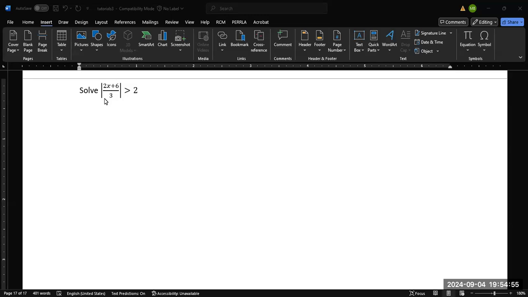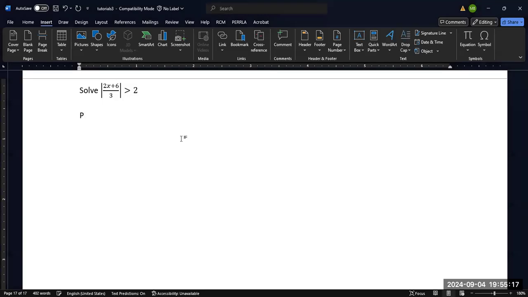But we're also going to have another one where the inside is going to be less than -2, because if you have a number that is less than -2, like say -3, and then you make it positive, you get a 3, which is greater than 2. So we're going to have two separate pieces.